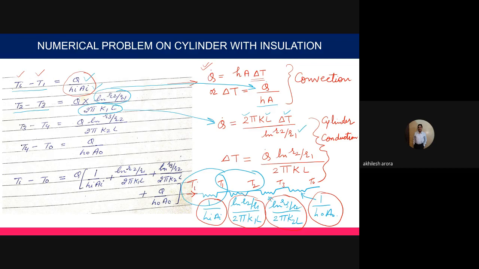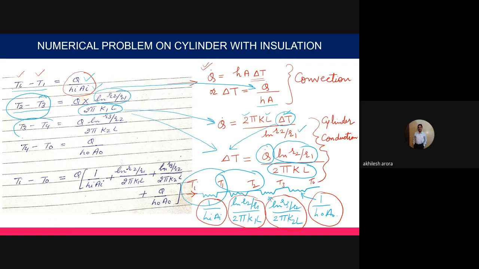So if I have to calculate the value of delta T here, then delta T will be given by Q dot into log natural R2 by R1 divided by 2 pi KL. So you can see it here. I have used this particular equation when I am calculating the value of the temperature difference.